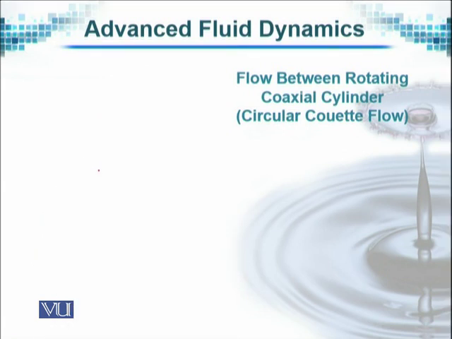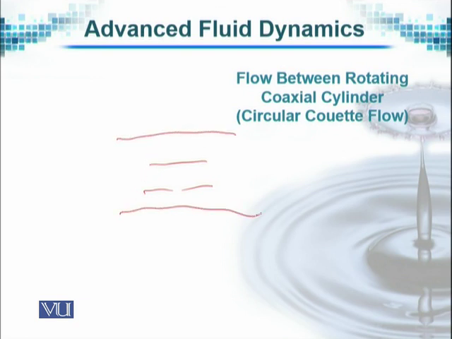So I think we can show here the geometry: that there is a cylinder here and then there is another cylinder here. So this is solid and this is the space in which the fluid is moving.